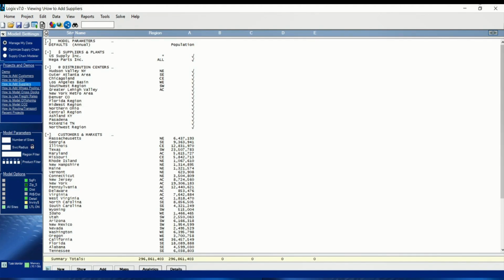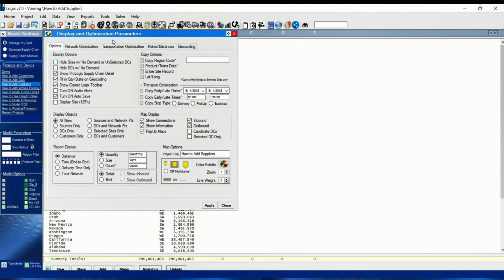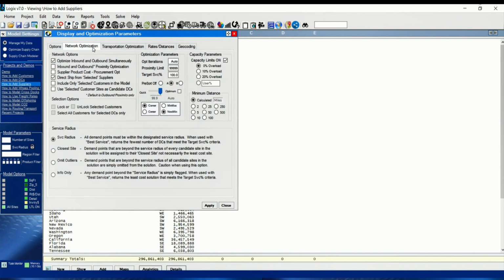Now when we run an optimization, we have a few choices that we can make. We take a look at network optimization. We have a choice of optimizing the inbound and the outbound simultaneously. We're turning this feature off, which will optimize the outbound first and then match the inbound to that optimization.